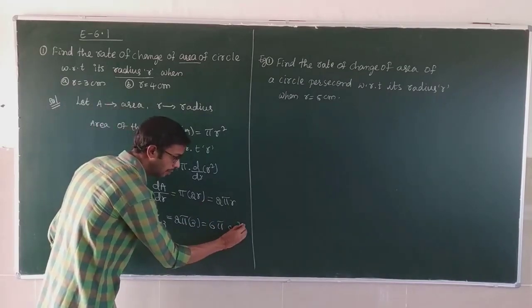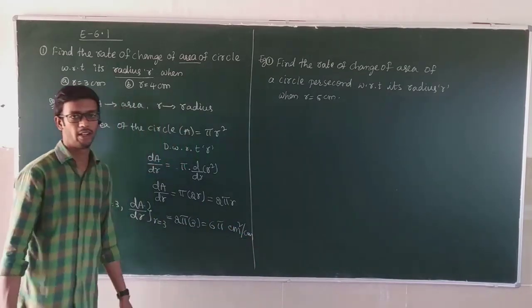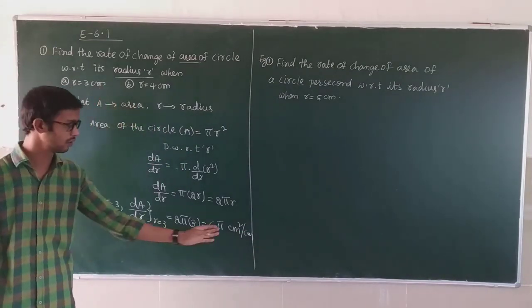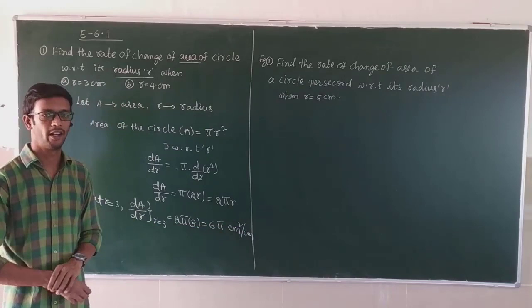The unit is centimeter square per centimeter, because the radius is in centimeter.